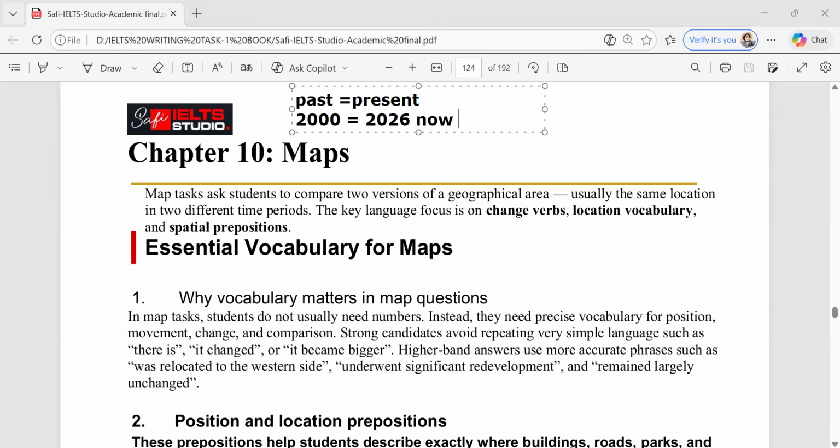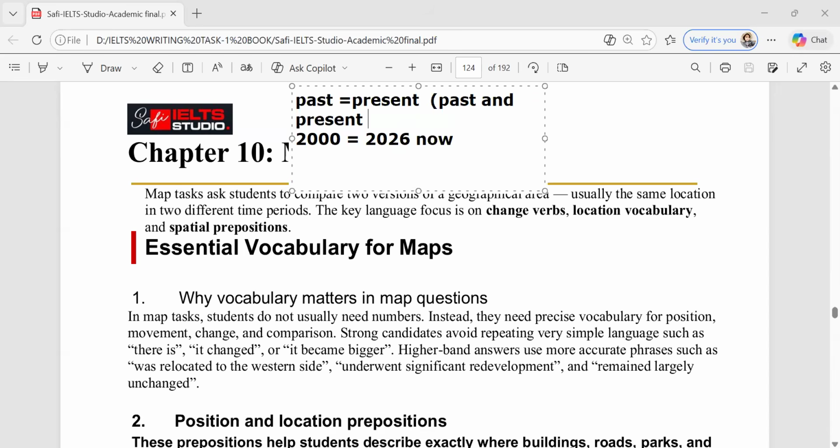So now the tenses we need to use: for one of the maps we use past tense, and for the other one, present. So that would be the combination of two tenses, past and present.